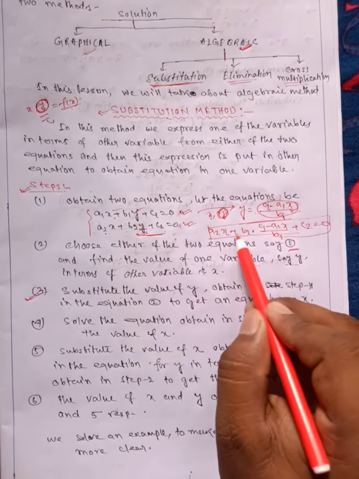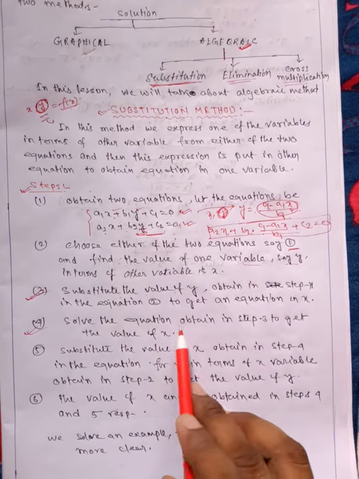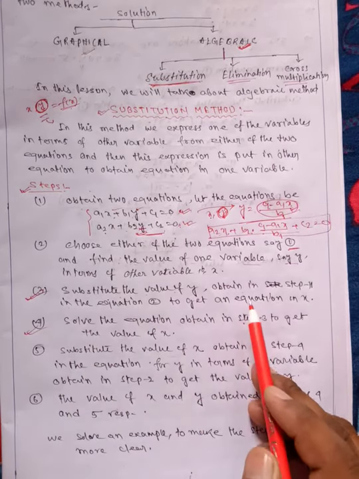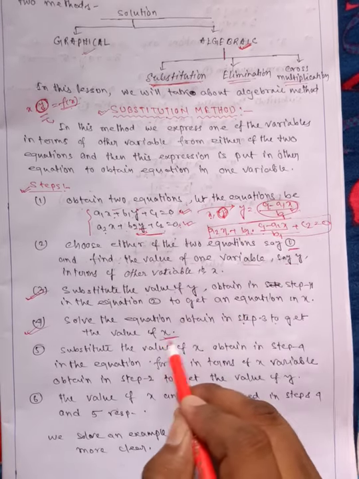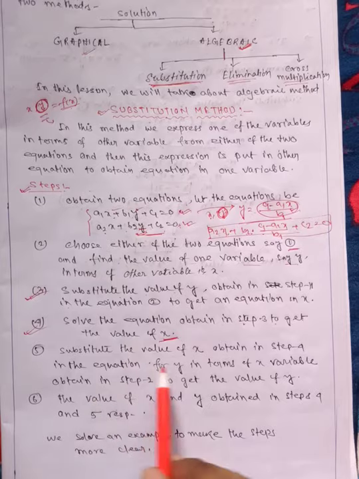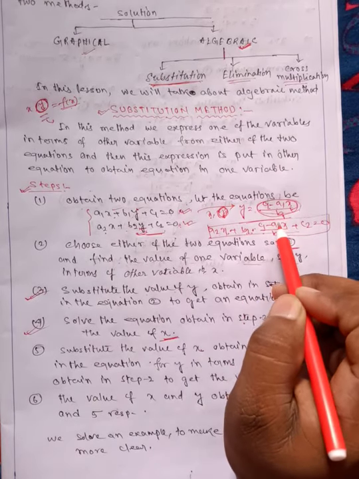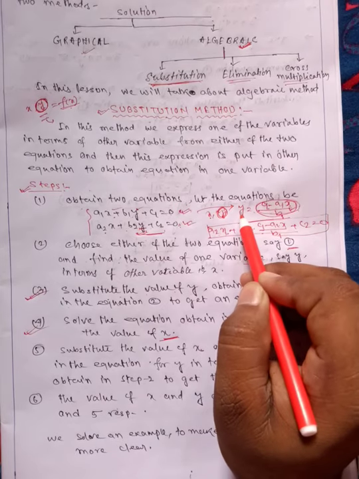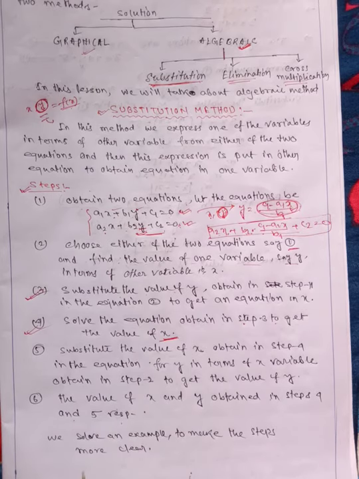So you can find the value of x from this equation. So next step, solve the equation obtained in the above step to get the value of x. If you solve this equation, you will find the value of x, and then substitute this value of x in the above expression of y. So I will put the value of x here, then you will get y. Okay, so you get the values of x and y in steps 4 and 5 respectively. So you can see the steps here.